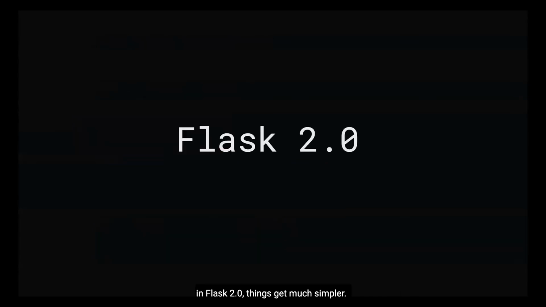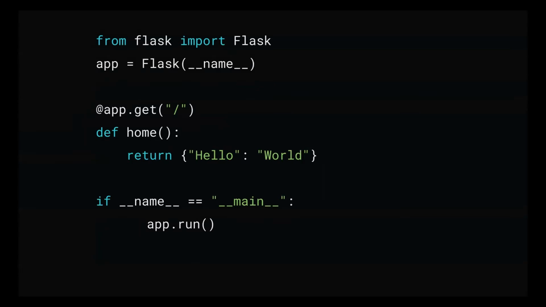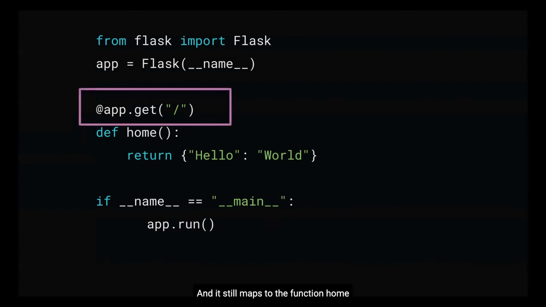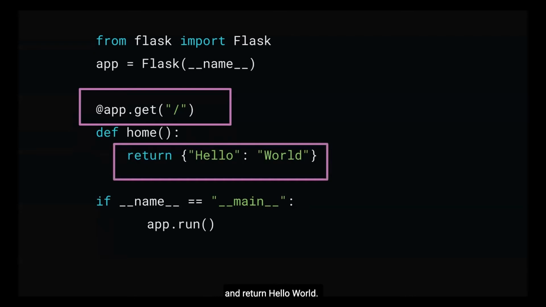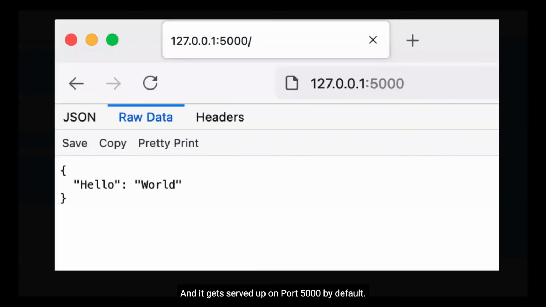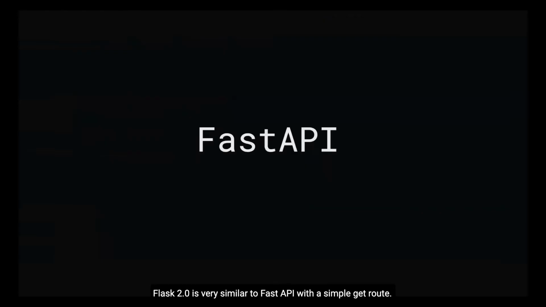In Flask 2.0, things get much simpler. Route decorators were added for common HTTP methods like GET, and it still maps to the function home and returns hello world. And it gets served up on port 5000 by default, but you can change the port if you like.